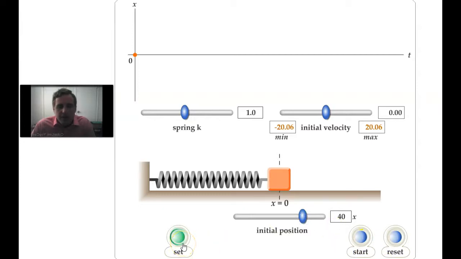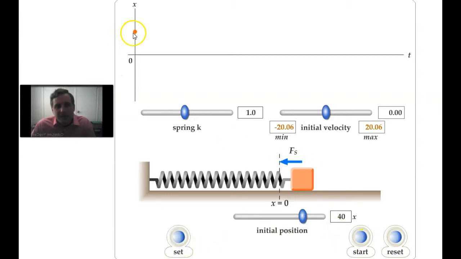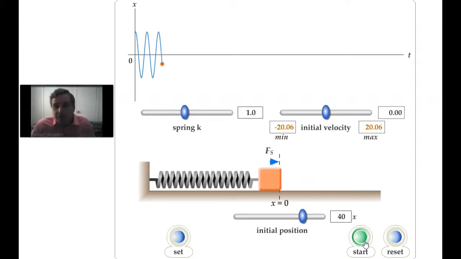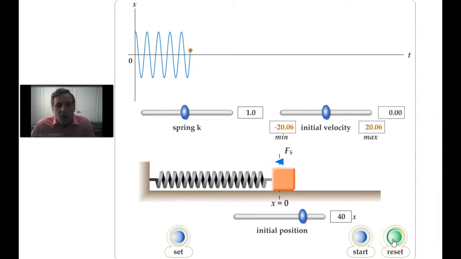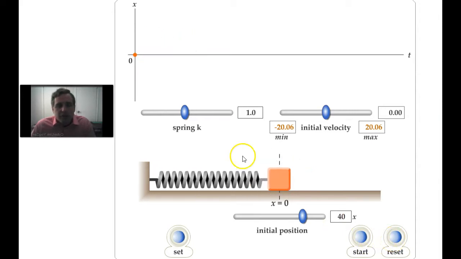So I'm going to set it. Notice that this is its initial position, this is its initial spring force, and let's let it oscillate. And notice that it undergoes simple harmonic motion, which we've seen before. Now, the question is, what if I wanted to set this up to have not a pure cosine function, but a pure sine function?